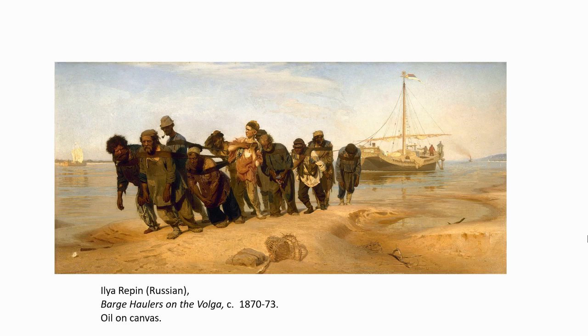There is already steamboat technology, and that's being depicted over here in the corner. So there is the technology to bring the ship onto land using steamboats. But human labor is still cheap enough, and there's this complete disregard for the humanity of these peasants that they're still using them for this purpose.